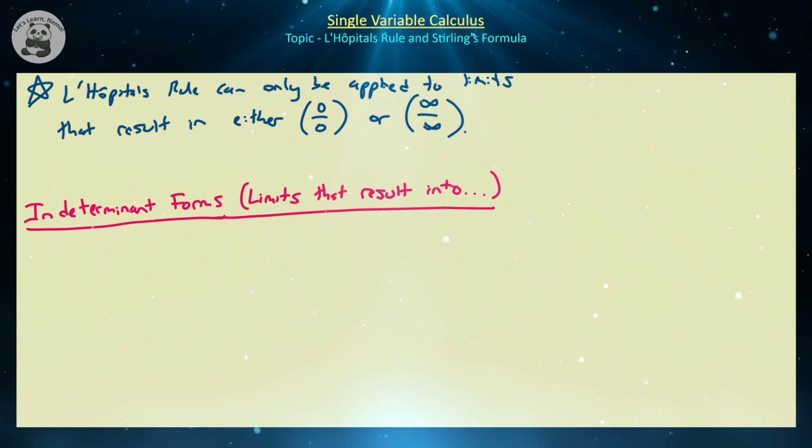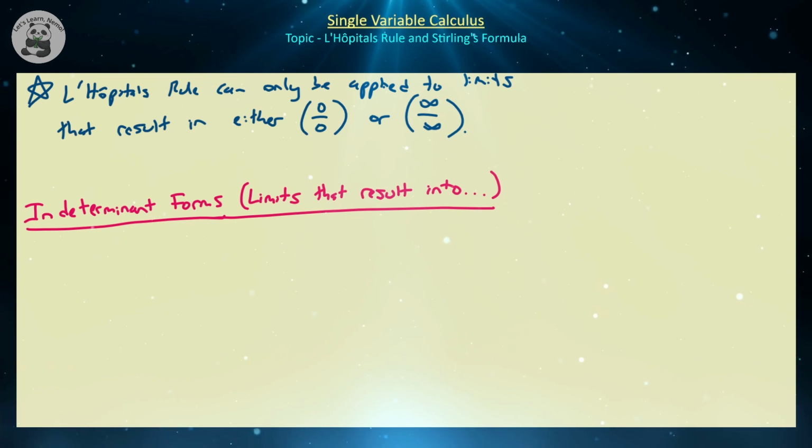Now, for these previous examples, notice that we've been working with either the 0 divided by 0 or infinity over infinity case. And it's very important to take note of this: L'Hopital's rule can only be applied to limits that result in either this or that form, right?